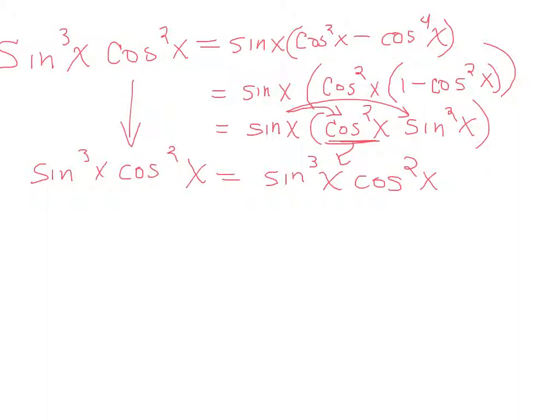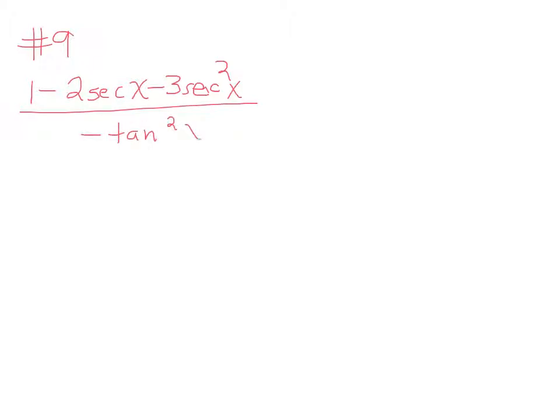Okay. In problem number 9, we have 1 minus 2 secant of x minus 3 secant square of x, all of that over negative tangent square of x.